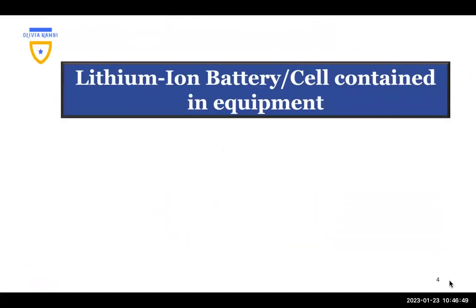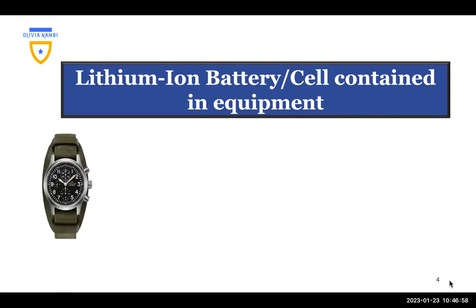All right, so let's look at the situation whereby the lithium-ion battery or cell is contained in equipment. For example, if someone is shipping this watch, and this watch is powered with a lithium-ion cell, then we shall be shipping these watches as lithium-ion batteries contained in equipment.